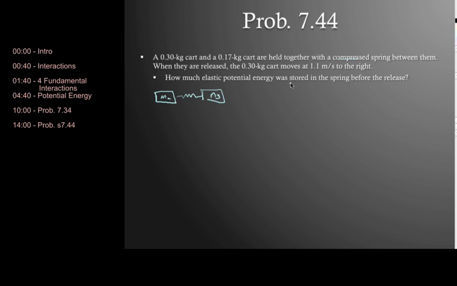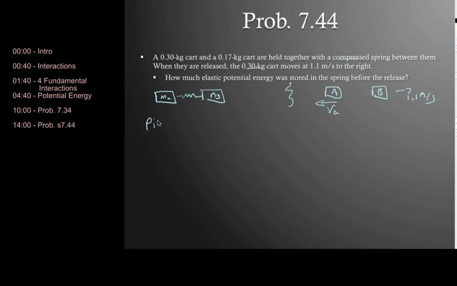Now, after a while, we release them, and this 0.30 kilogram cart moves off to the right. So B moves off with 1.1 meters per second. So that means A has to move back this way at some v_A. So m_B is 0.30.